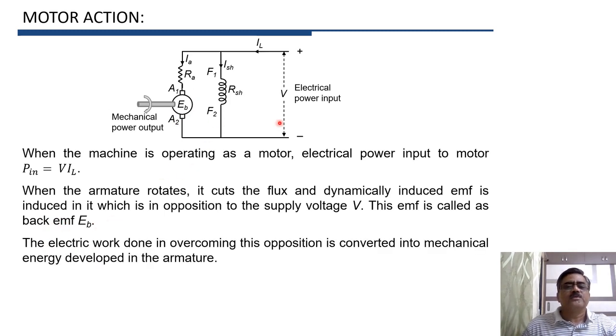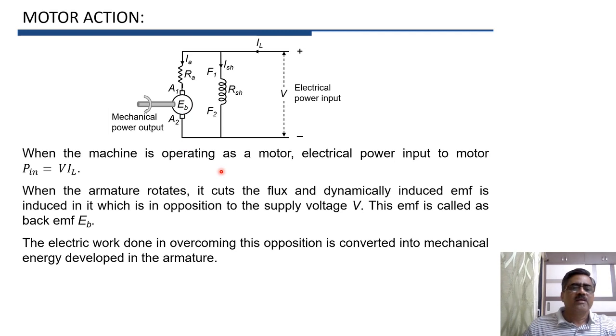Now the supply voltage V has to overcome the opposition offered by EB to circulate current IA. The electric work done to overcome the opposition offered by this back EMF gets converted into mechanical energy, and therefore electrical energy will be converted into mechanical energy.